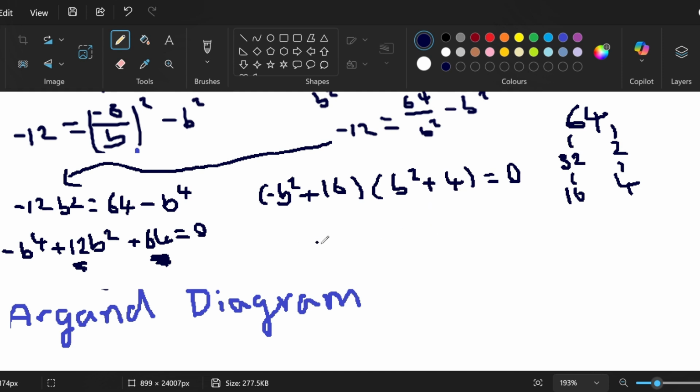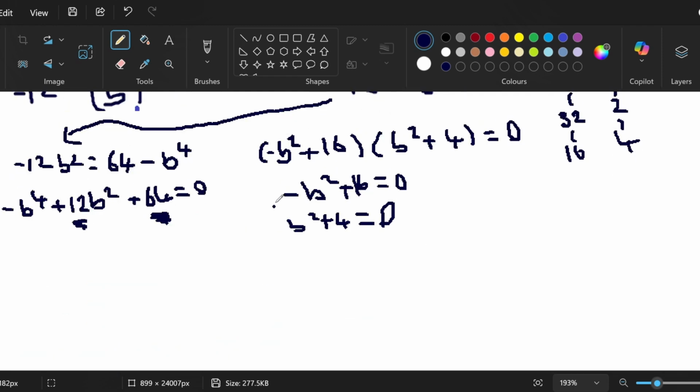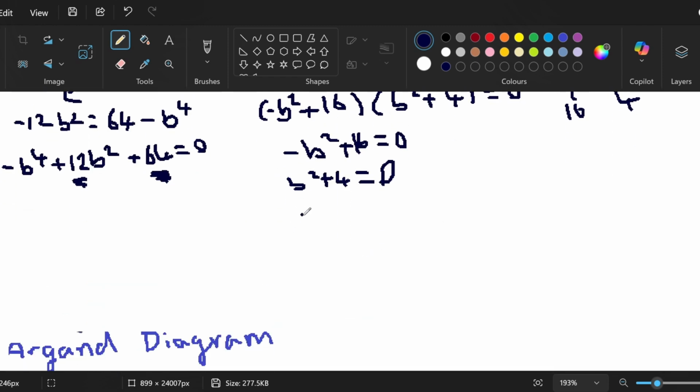Now I have two separate quadratics, which I can try and solve for b. I have that minus b squared plus 16 is equal to 0, and I have that b squared plus 4 is equal to 0. Now I can rearrange these to get b. So let's start off with this one on top.